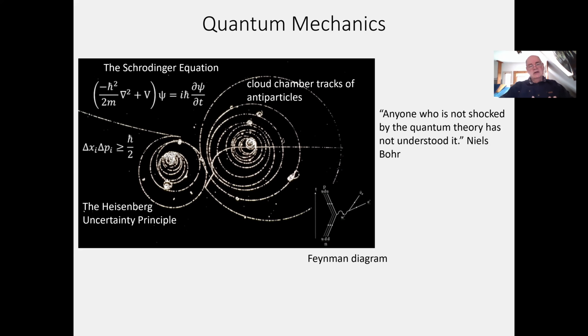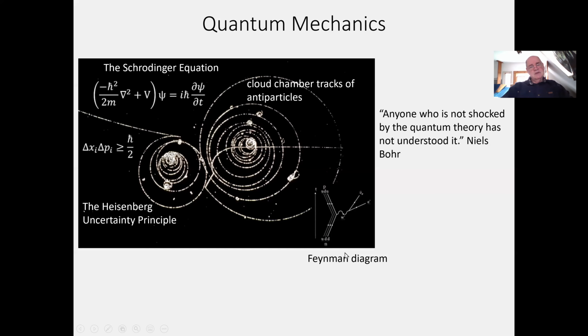Okay, so here's our first slide I picked as a kind of representative idea. Here we have the Schrodinger equation, which I'm actually going to try to talk about, as crazy as that may be. Here's, of course, the famous Heisenberg uncertainty principle. Here the cloud chamber tracks for the antimatter, for the positron, which was predicted by the successor of the Schrodinger equation, the Dirac equation, which we'll mention here.